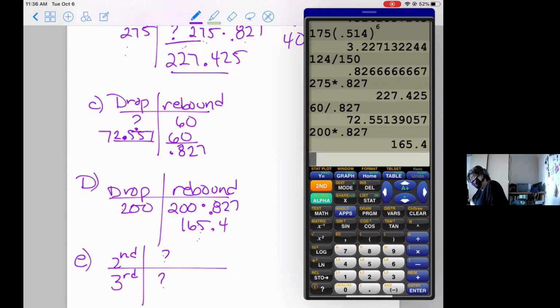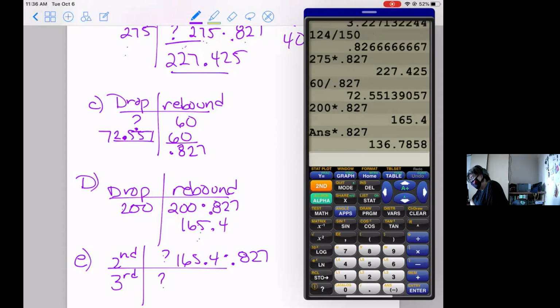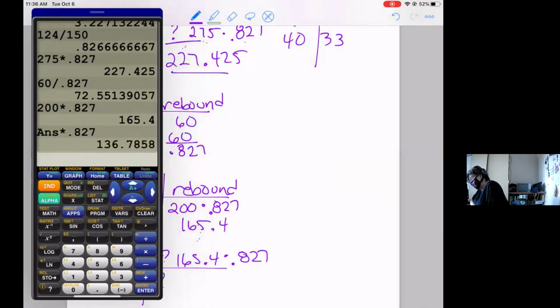Multiply it again. And that gives me 136. I'm going to take that again times 0.827 to do the next one.